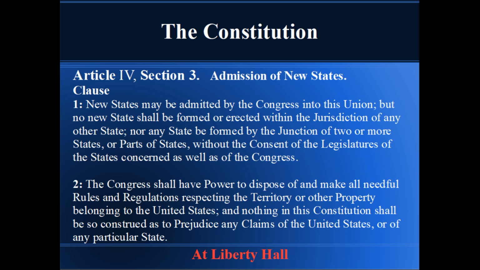Clause 2. The Congress shall have power to dispose of and make all needful rules and regulations respecting the territory or other property belonging to the United States, and nothing in this Constitution shall be so construed as to prejudice any claims of the United States or of any particular state.